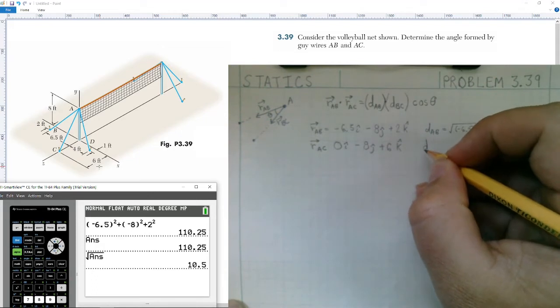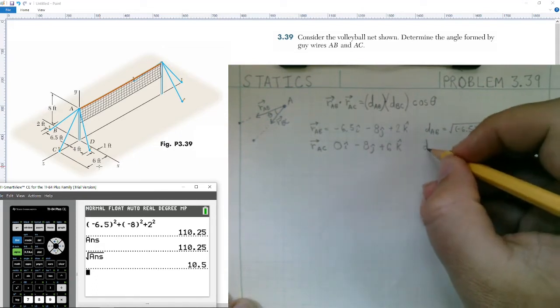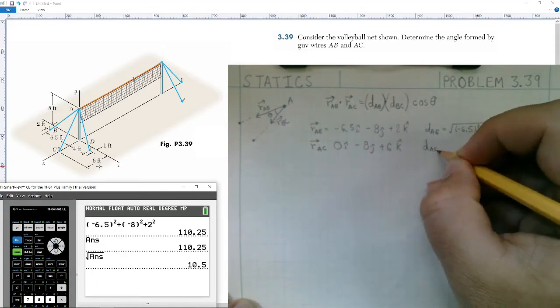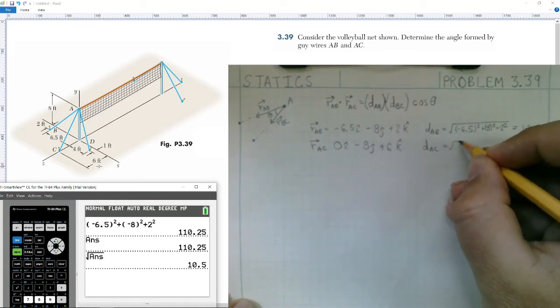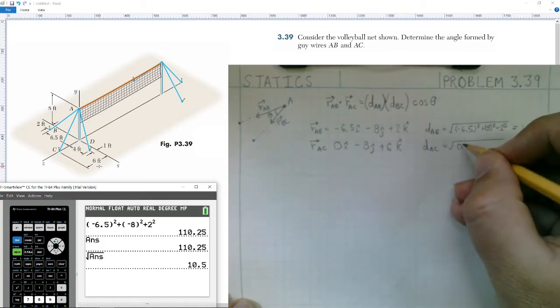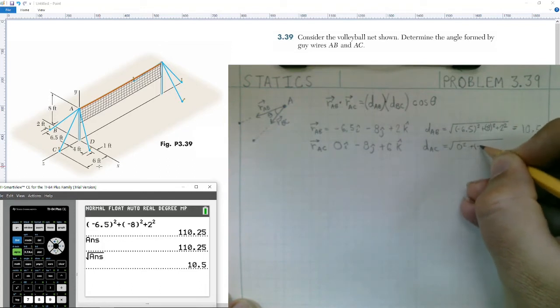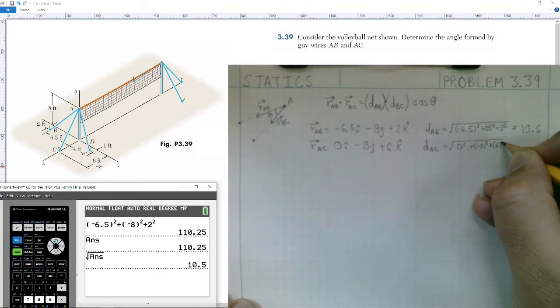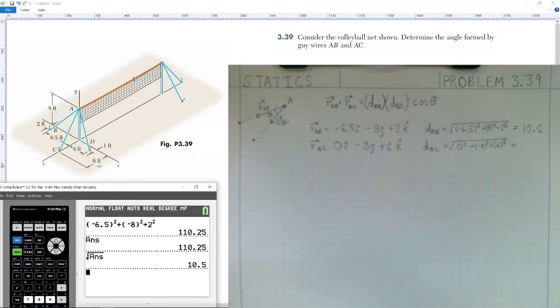We now find the distance value by doing the same formula for A to C, for each one of its components. So we have 0 squared, which is 0, plus, in parentheses, negative 8 squared, plus 6 squared.